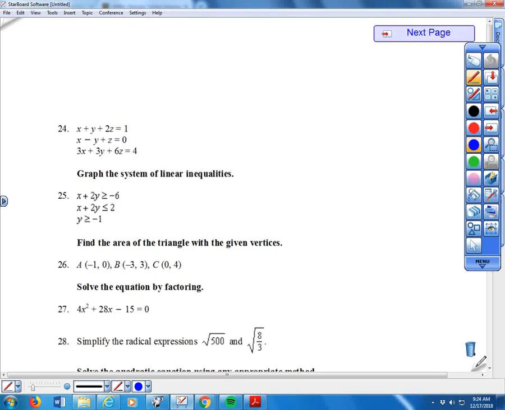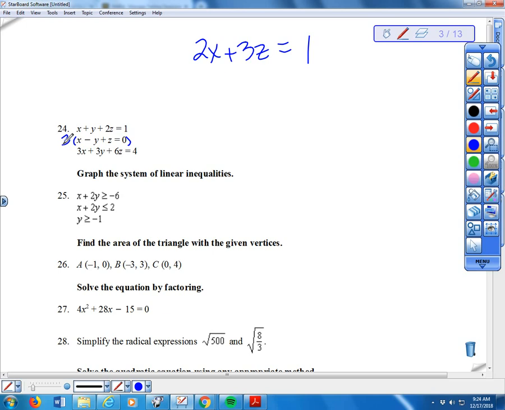Next one, 3 equations, 3 unknowns. So if I use elimination here, I'll add the first 2 together. Did I do that one right? Then I'm going to multiply this one by 3, because I need to eliminate another y.